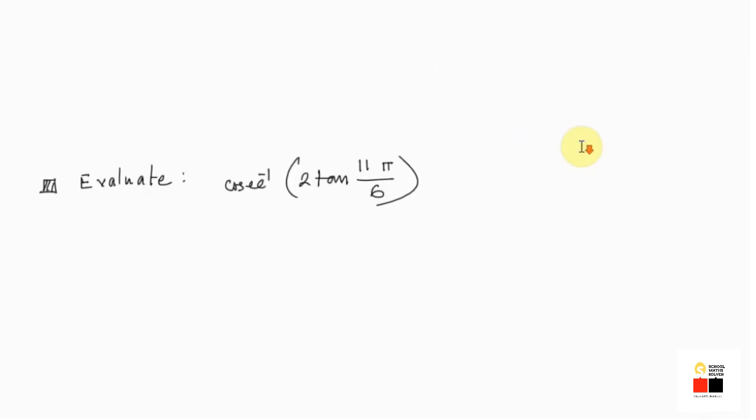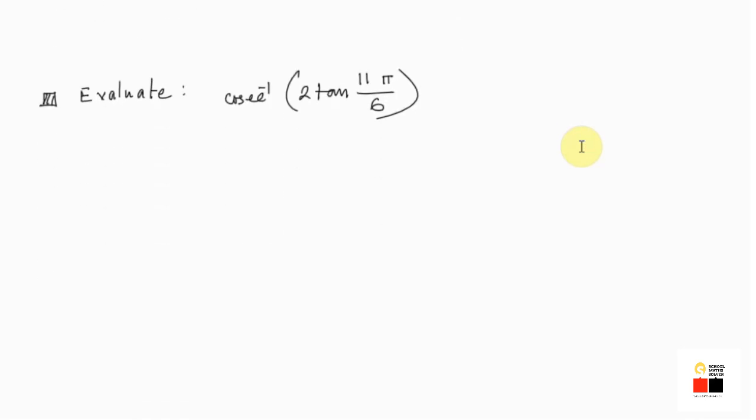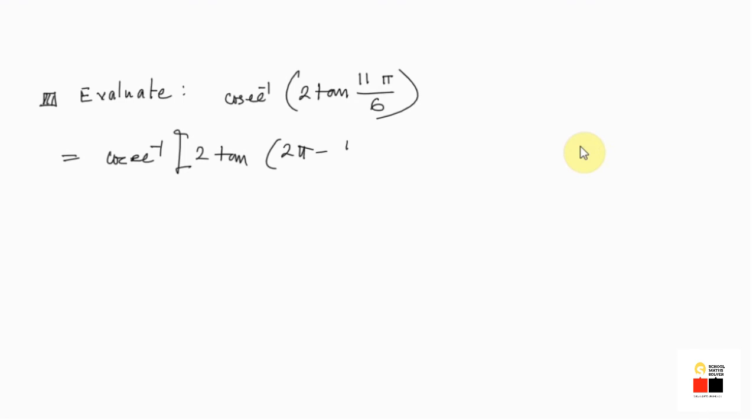Next problem. Cosec inverse 2 tan 11 pi by 6. Cosec inverse 2 tan 2 pi minus pi by 6. Cosec inverse 2 tan pi by 6, but this will be negative.